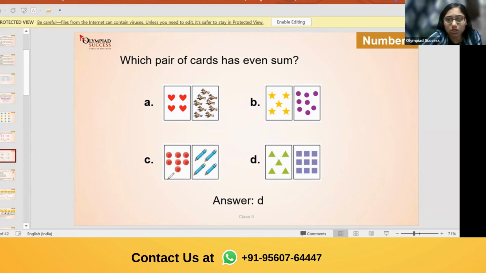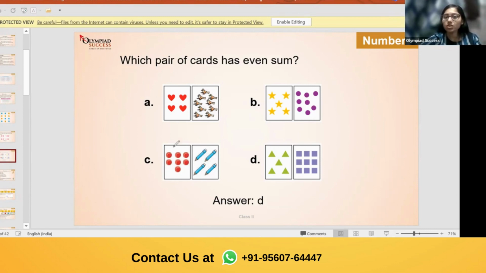Which of the options has even sum? Count them. Okay, let's do it together.